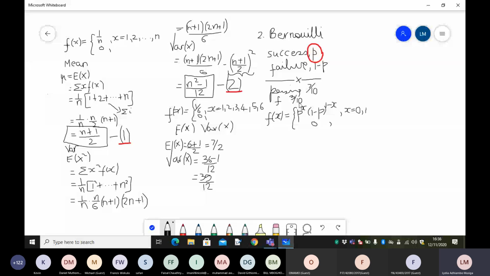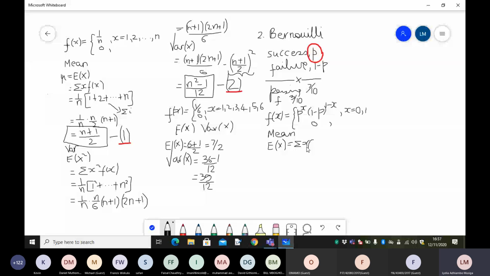Okay, so now let us see how we get the mean for the Bernoulli distribution. Since x is a discrete random variable, the expectation of x we know is the summation of x, f of x.